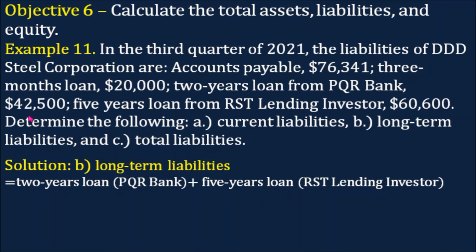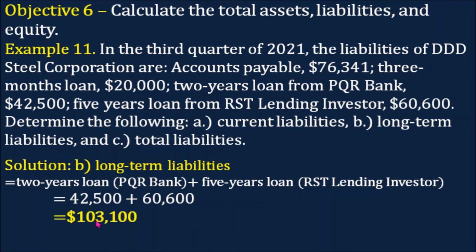And the amounts are 42,500 and 60,600. The sum of these two amounts is $103,100. So this is our long-term liabilities.